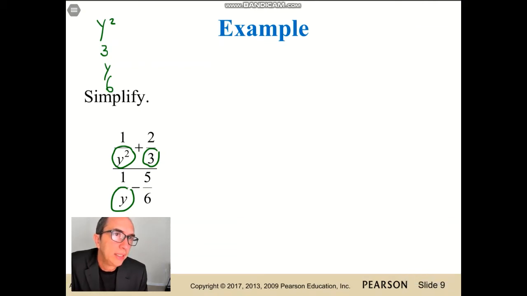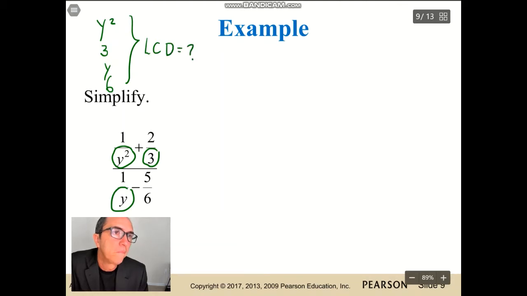And let's find the least common denominator. To find the least common denominator, if you remember, we're gonna identify the unique terms. So y is a unique term, and we have y exponent 1 and y squared.